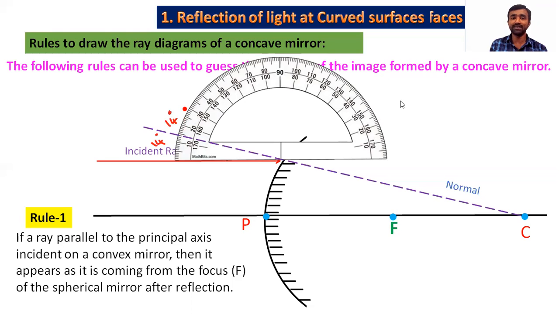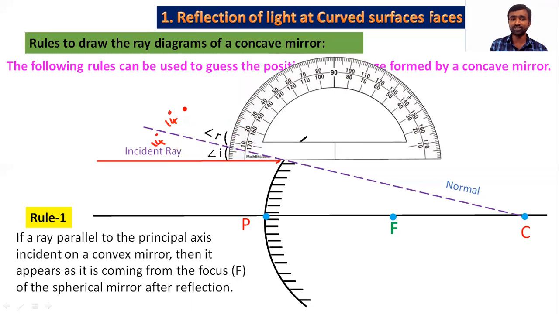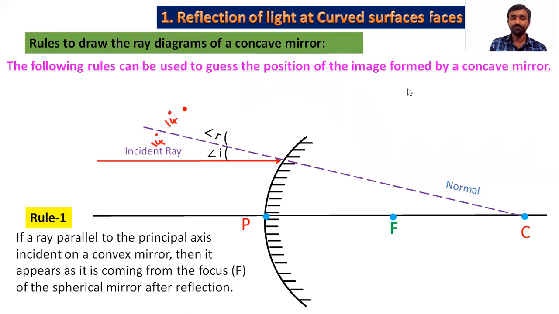So recognize a point at 28 degrees. Then remove your protractor after identifying the angle of reflection, equal to the angle of incidence, 14, 14. Then construct a reflected light ray joining the point of incidence and the identified point.